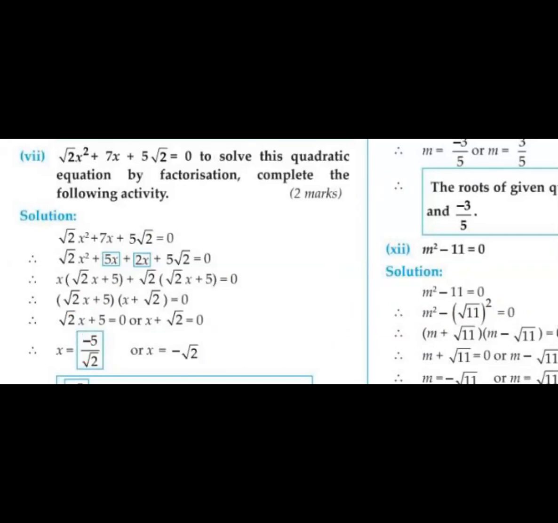Here two things we are going to express. First of all, I write here 3, for your convenience. So 3 you can write as root 9, no doubt, and root 9 is also written as root 3 into root 3.